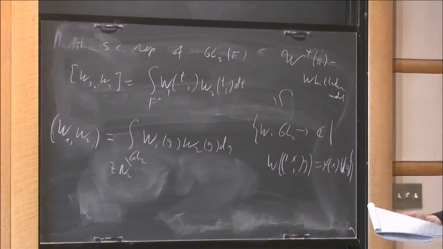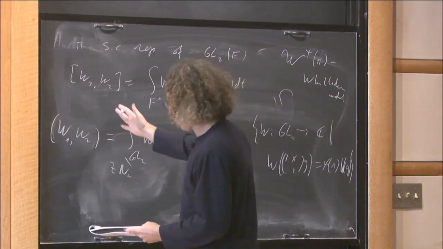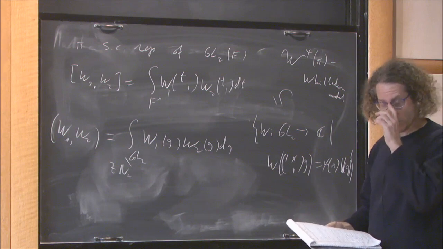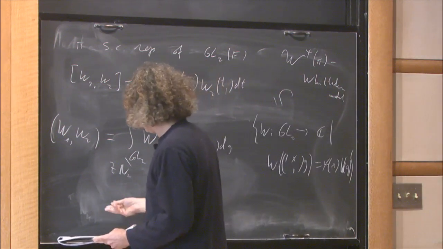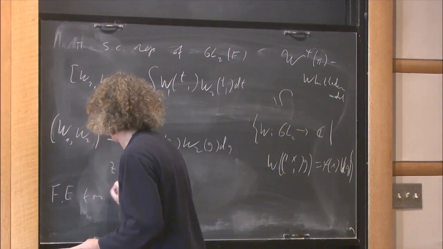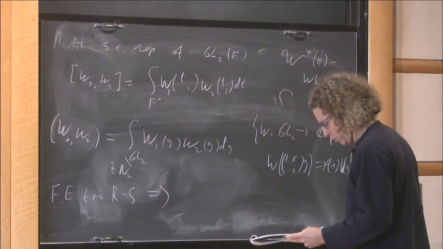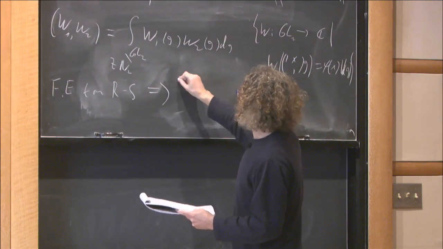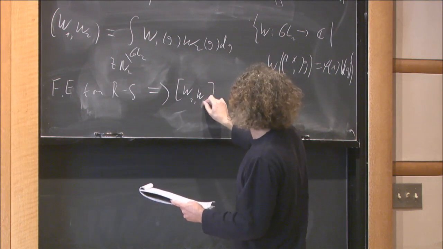Okay, so these are two inner products. They are non-trivial, of course, and so they must be proportional. So what is the proportionality constant? That's in fact what the functional equation tells you. I didn't write down the functional equation, but the consequence of the functional equation is the proportionality constant. Let me write it down. I will write and then explain.